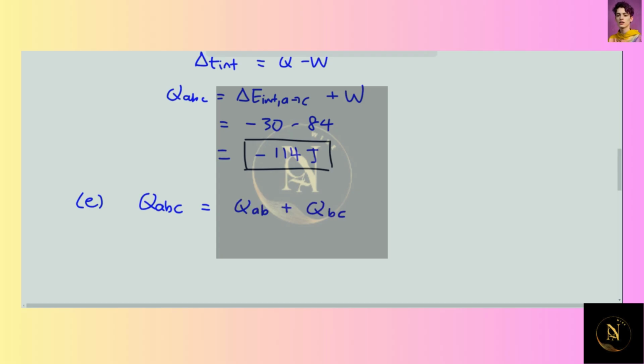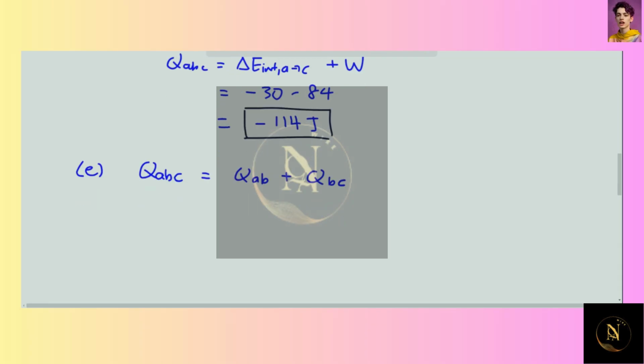So we need to find QAB first, then we are able to find QBC. Then we also need to recognize that WABC is equal to WAB plus WBC. But since B to C is an isochoric process, there's no area under the graph, so WBC is zero and this is WAB, which is negative 84 joules.